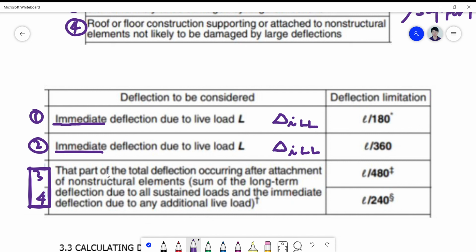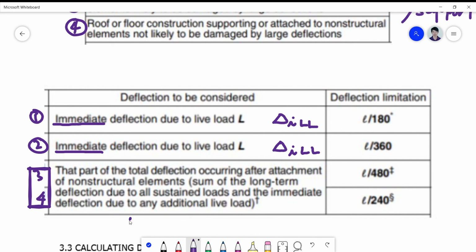For the 3 and 4, there are two deflection considerations here: that part of the total deflection occurring after attachment of the non-structural elements, which is the sum of the long-term deflection due to all sustained loads and the immediate deflection due to any additional live load.